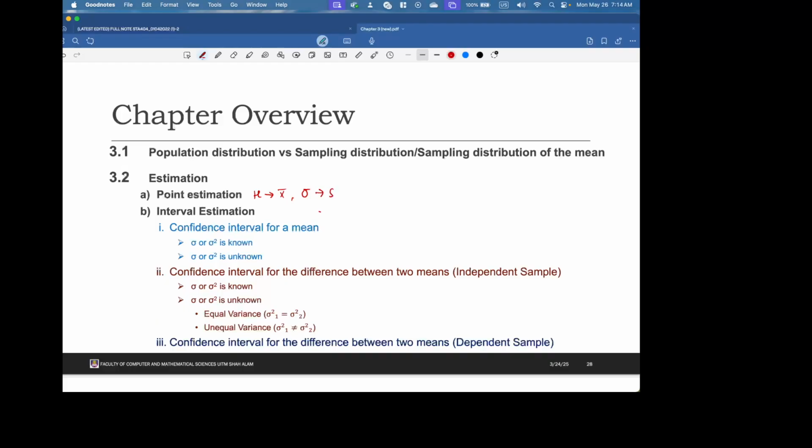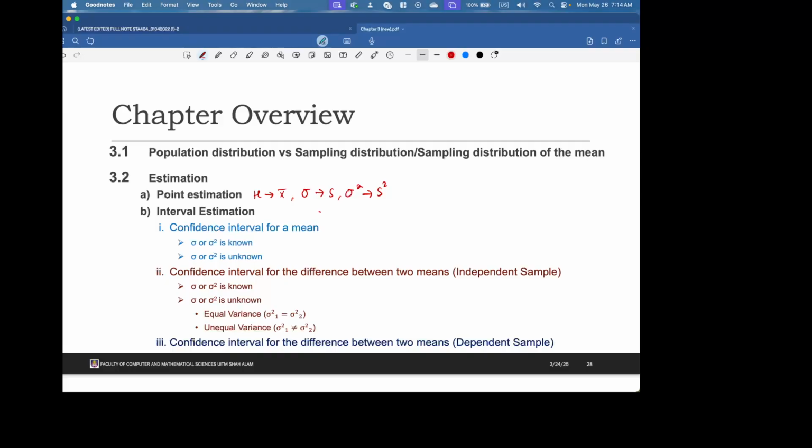Sigma is the population standard deviation, S is the sample standard deviation. And we also learned how to estimate sigma square using S square. We have been given formulas for calculating these.